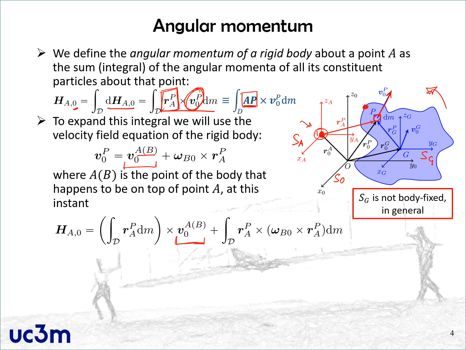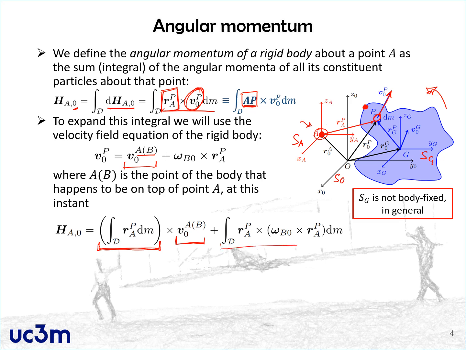The first of them involves the integral of the position vector from reference frame SA, and that is clearly the first moment of the mass distribution of the rigid body in reference frame SA. So after we integrate, this will become the position of the center of mass as seen from reference frame SA times the mass of the rigid body.